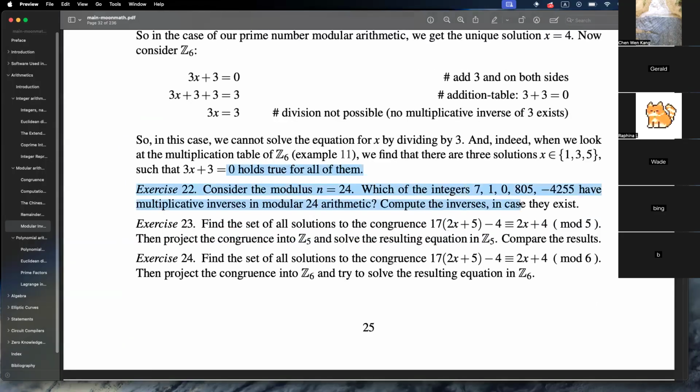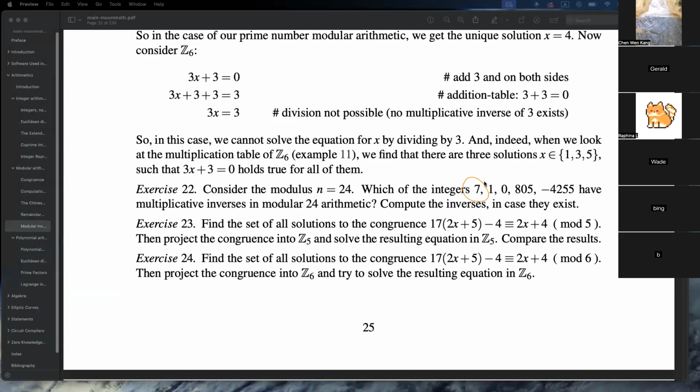So consider the modulus. Which of these values have a multiplicative inverse in modular 24 arithmetic? In this case, we first have to calculate whether it's coprime. 7 is not a coprime, I guess.